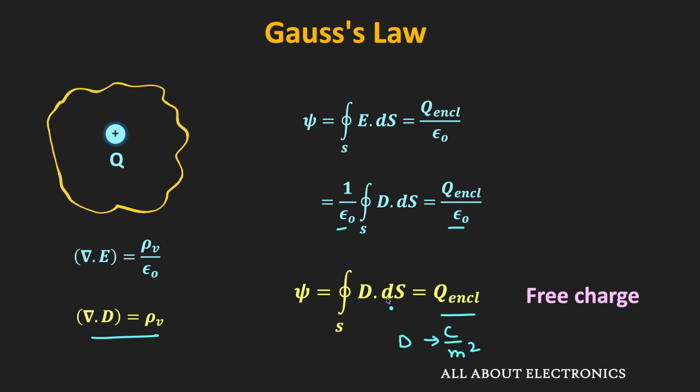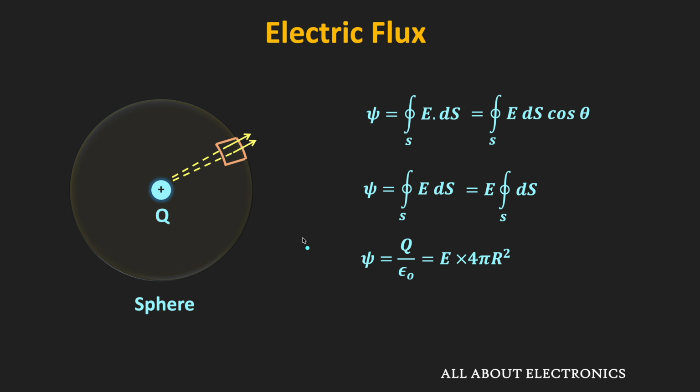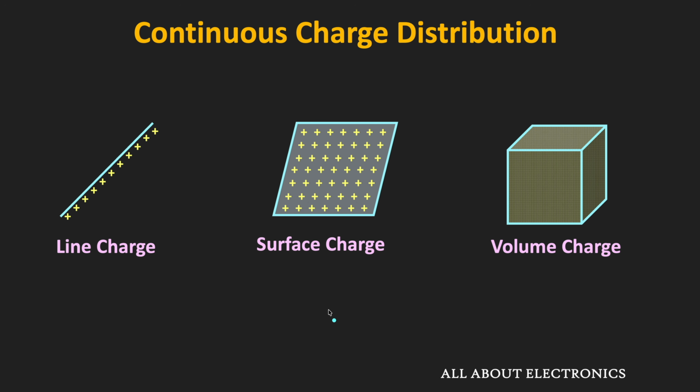Now, this Gauss law provides an easy way of finding the electric field due to a charge which has a symmetrical charge distribution. For example, if we take the case of the point charge, then it has spherical symmetry. Similarly, if we take the case of the line charge, then it has cylindrical or axial symmetry.